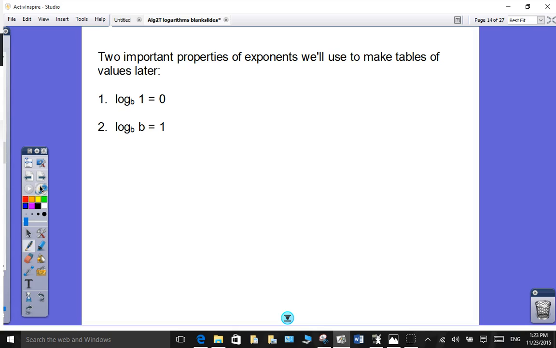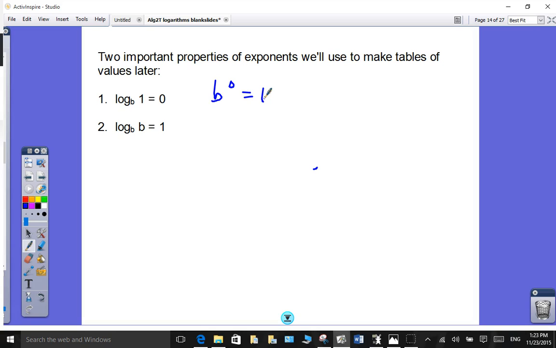If you convert that to an exponential, that's what it looks like. Well, that's a property that we had with exponents: anything to the 0 equals 1. So saying log base b of 1 equals 0 is like saying anything to the 0 power is 1, just written in a different way.